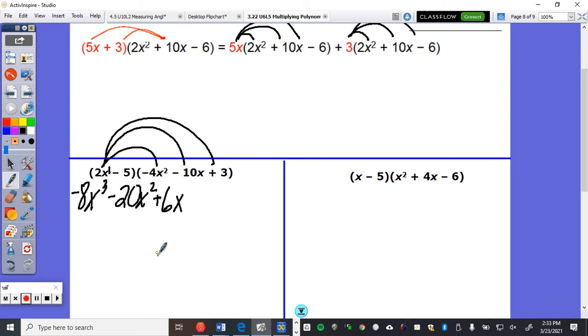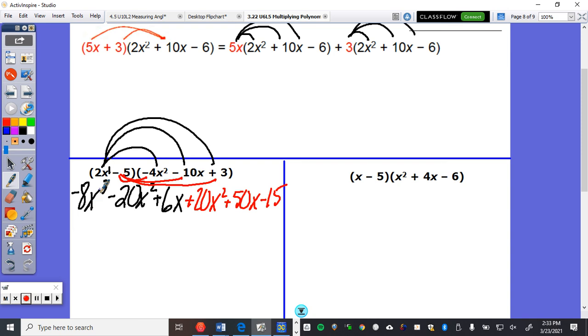So far, are we okay? All right. Negative 5 times negative 4x squared is positive 20x squared. Negative 5 times negative 10x is positive 50x. And negative 5 times 3 is negative 15. Okay? So you get this long line here that you have to combine like terms now.